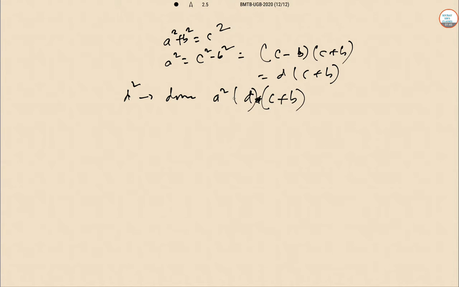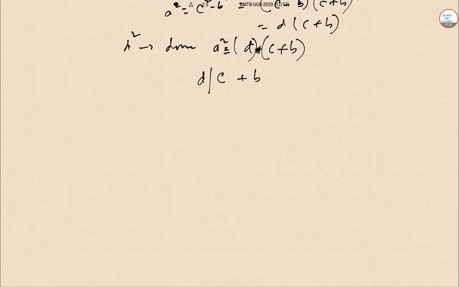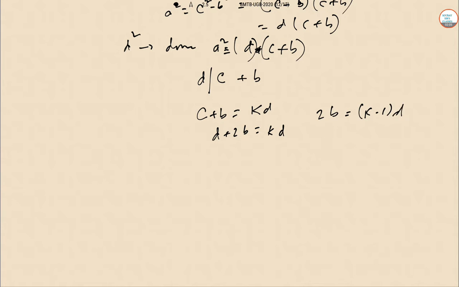So a square divides this, hence the divisibility pattern can be written this way: c plus b we can take as kd, and d plus 2b equal to kd again. So 2b equal to k minus 1 into d after equating.